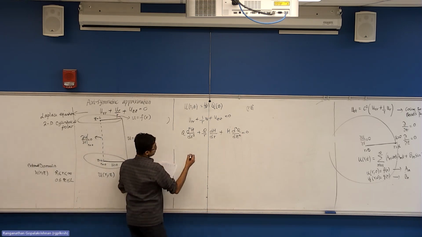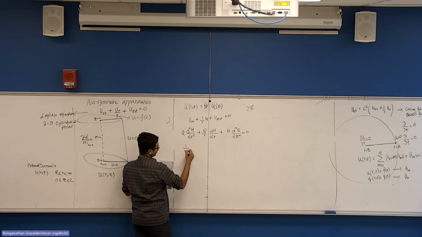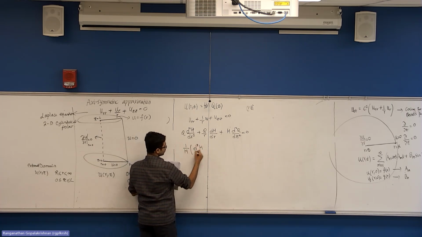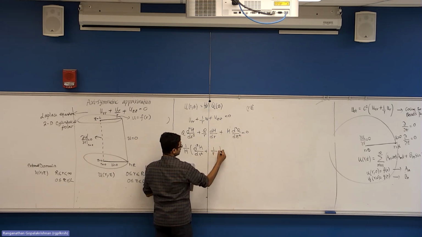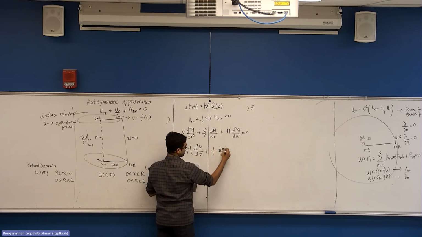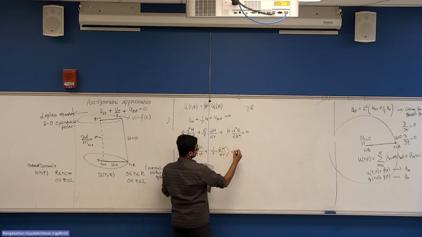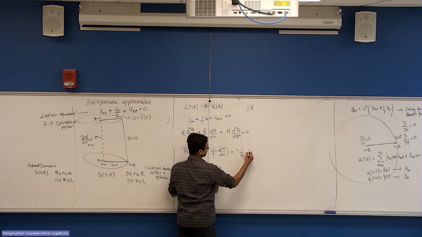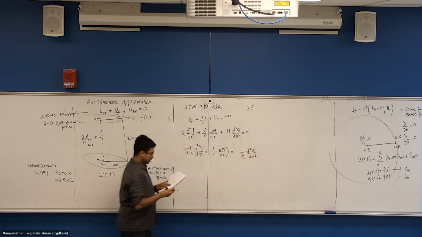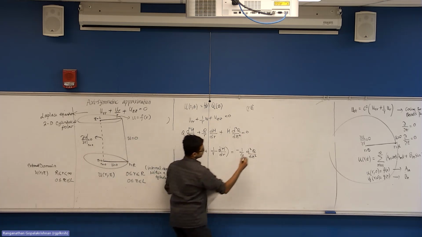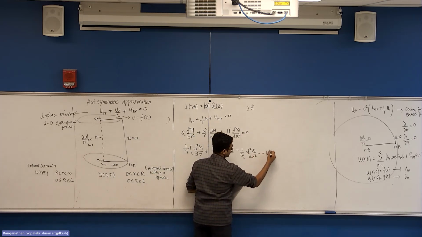So that would mean I can divide throughout by HQ. I would have 1 over h times d squared h over dr squared plus 1 over r dh over dr equal to minus 1 over q d squared q over dz squared, and we'll say this is equal to some minus k squared.